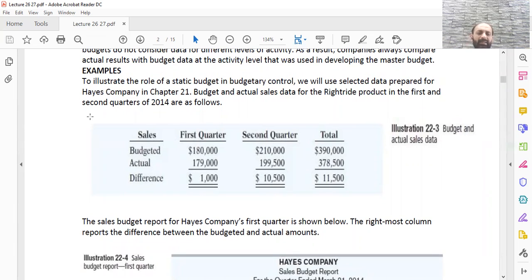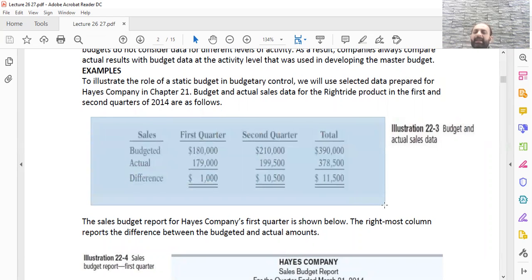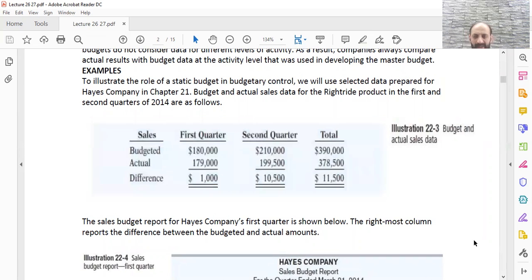If you remember, we had this same data in lectures 23, 24, 25, so we will again go through it to understand the concept of static budget. You had said that budgeted sales in the first quarter would be 180,000, and in the second quarter 210,000, so for the first half of the financial period you were expecting a sales figure of $390,000.